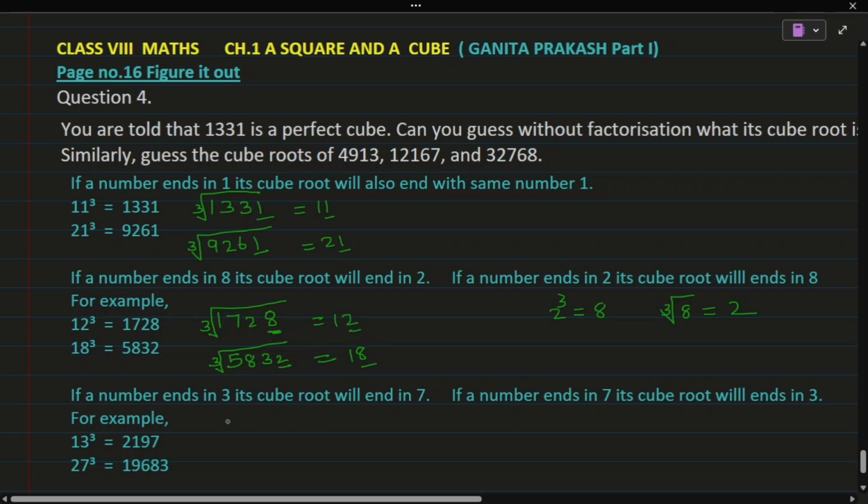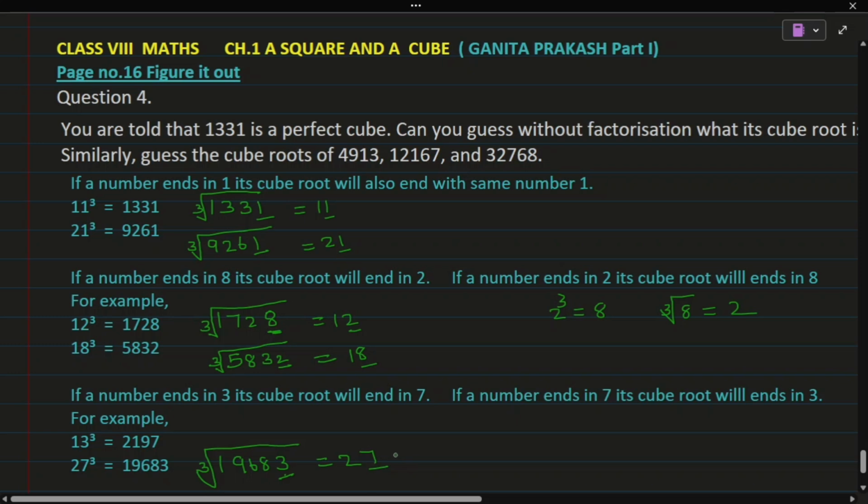Now the third one, if a number ends in 3. The example is 19683. This is ending in 3. Its cube root, from here we can write, is 27. So if a number ends in 3, its cube root will end with 7.